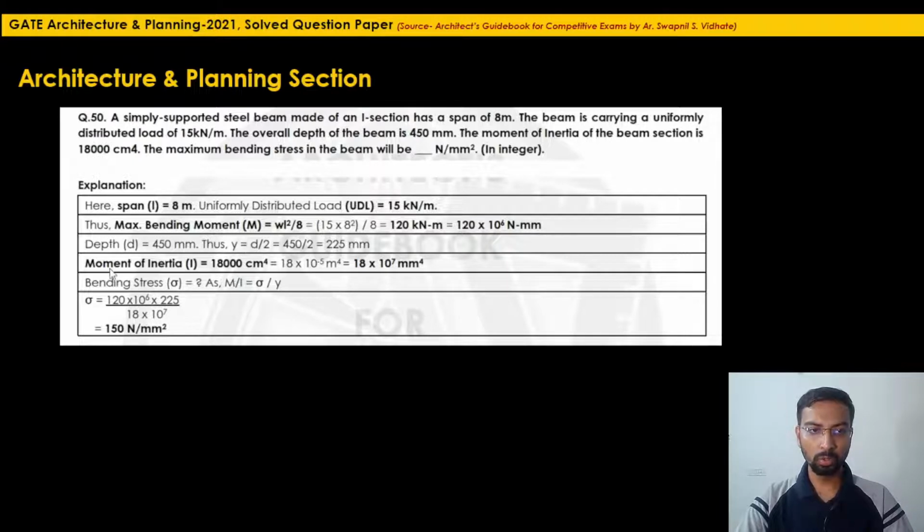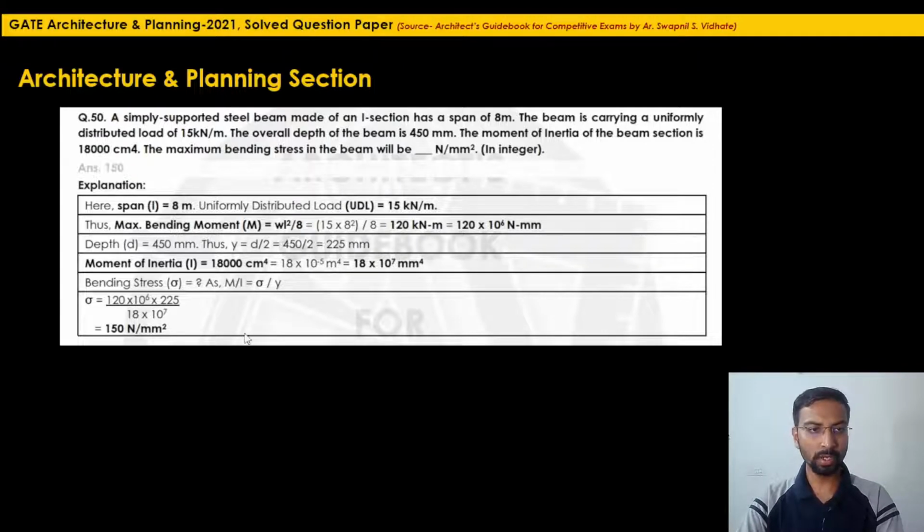Or in case of moment of inertia, they have mentioned in the question here in centimeter, and we are designing the answer in mm. So how to convert this? Just make a list of conversion factors, how to convert areas, how to convert bending moment, and do multiple practices of such questions. So theory of structure related questions will be easy to solve.